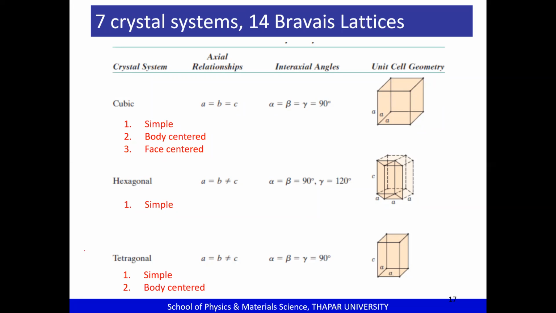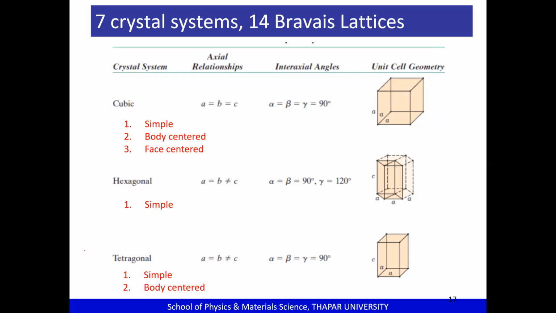There is no end-centered geometry possible here. I will come back to that question, why there is no end-centered cubic unit cell. But one crystal system, which is cubic, now has 3 possible configurations, namely simple, body-centered, and face-centered.